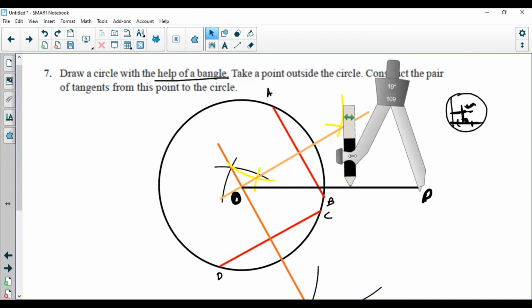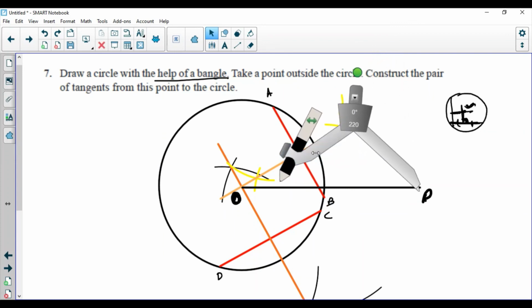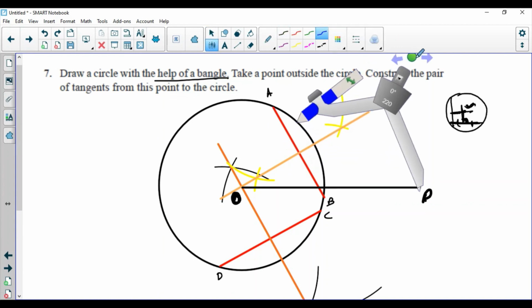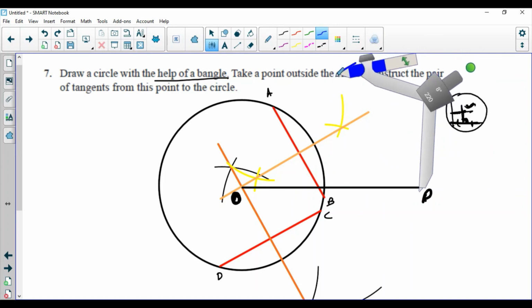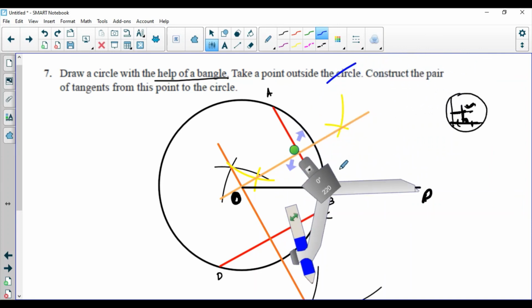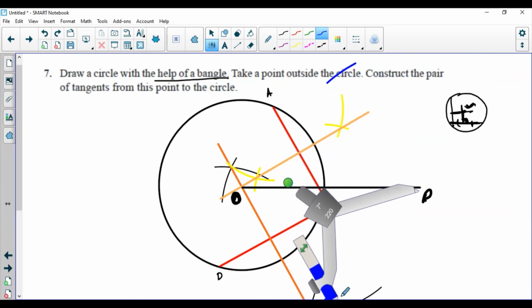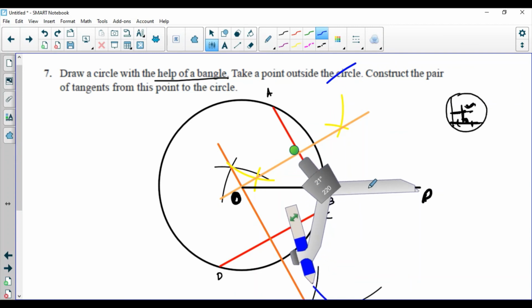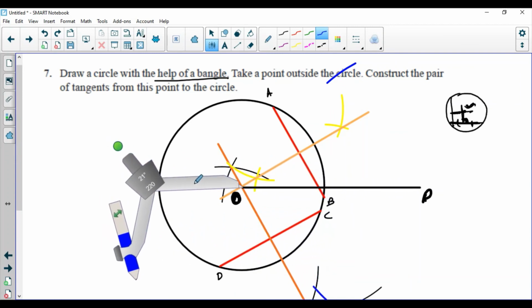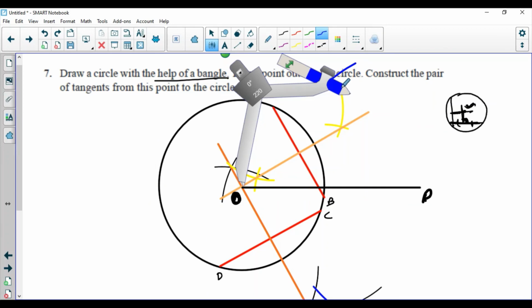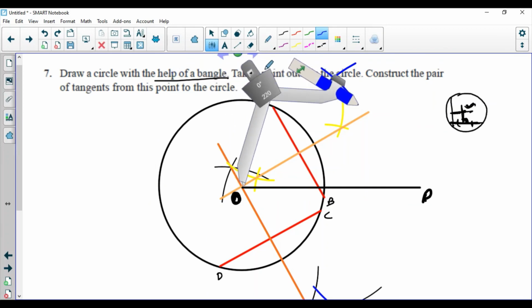Suppose this is more than half the distance. One arc above, one arc below. Keep the pointer at O and cut these arcs.